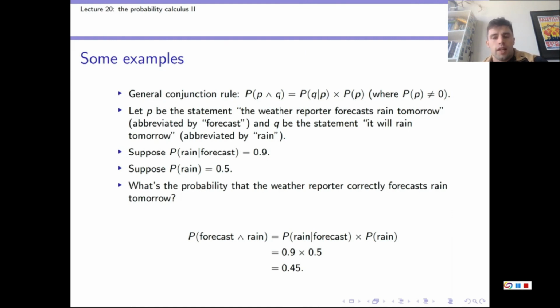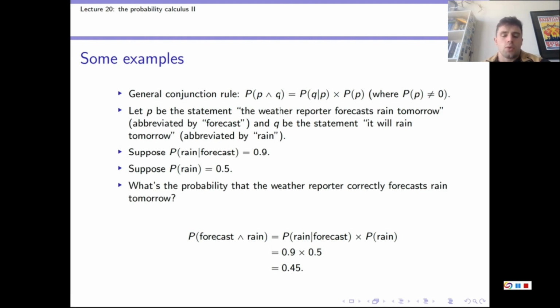Well, the statement that the weather reporter correctly forecasts rain tomorrow is logically equivalent to the statement that the weather reporter forecasts rain tomorrow and that it will rain tomorrow, because then they will be right. And this is a conjunction.